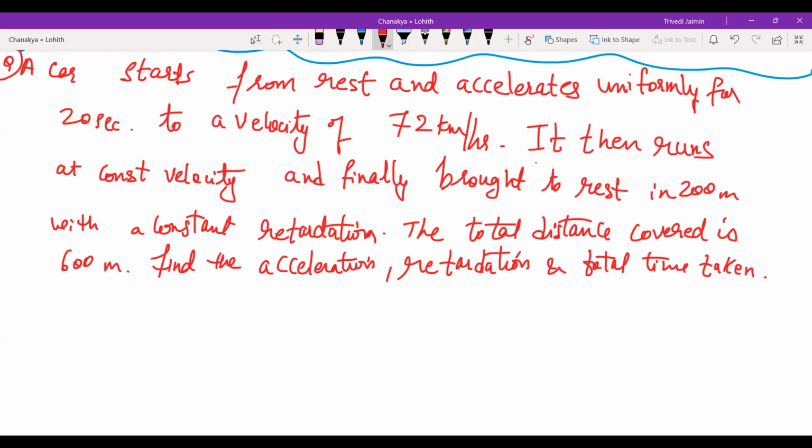So 200 by 20, that is 10. And 20 for accelerating, 20 for retarding, and 10 for the constant part. Total 50 seconds, not 60 seconds.